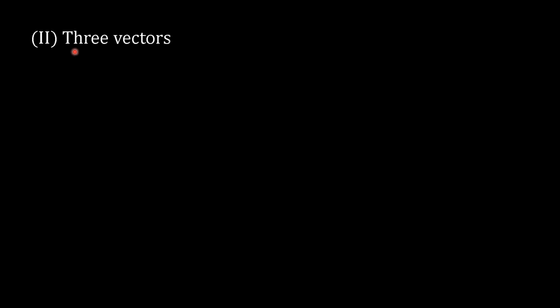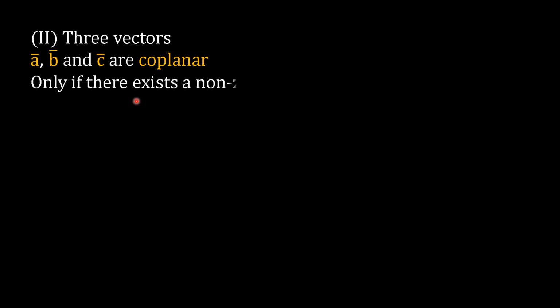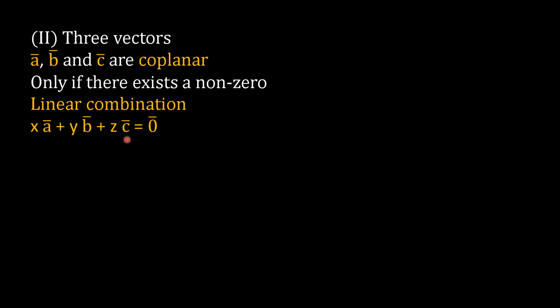Three vectors A bar, B bar and C bar are coplanar only if there exists a non-zero linear combination x A bar plus y B bar plus z C bar equals a zero vector. We will prove this. For that, let A bar, B bar, C bar be coplanar vectors.